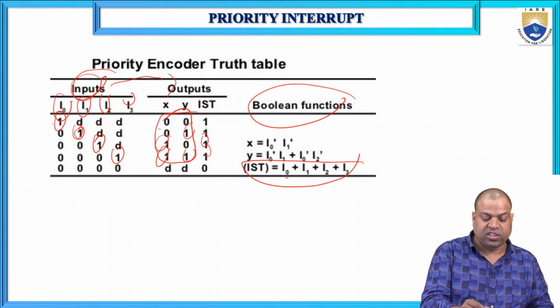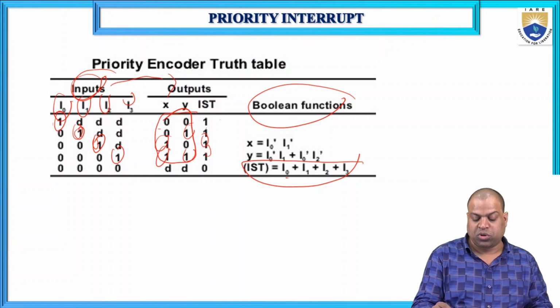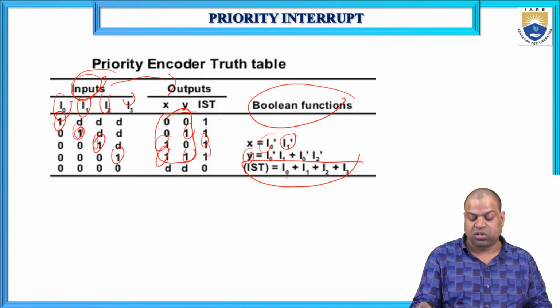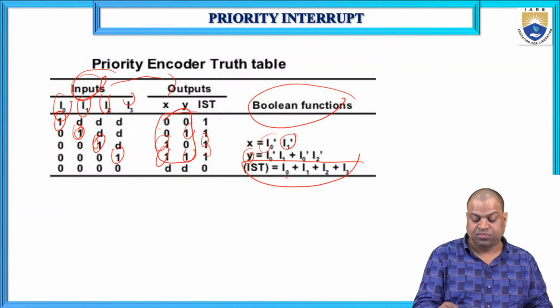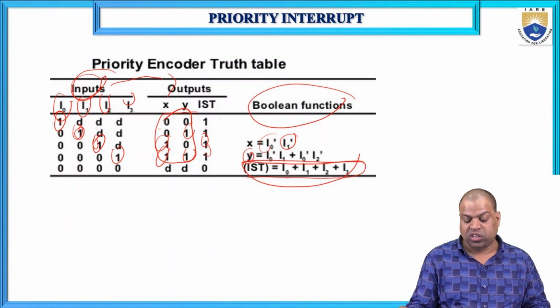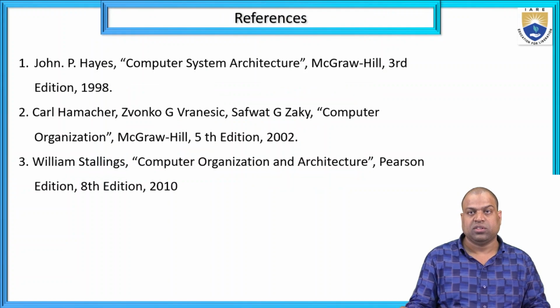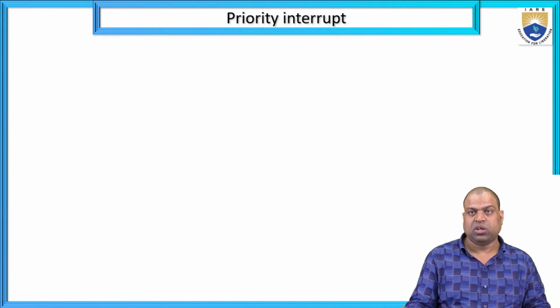It is a Boolean function: x equals I0 complement with I1 complement, y equals I0 complement into I1 plus I2 complement into I0 complement. So the final result is IEST equals I0 plus I1 plus I2 plus I3. It is about the priority interrupt.